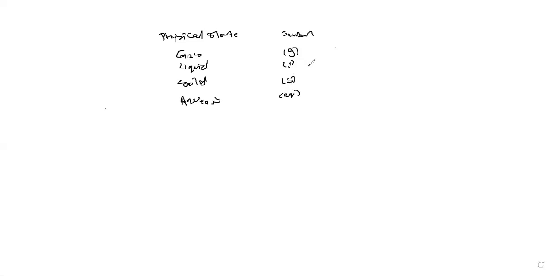Equations. What is an equation in chemistry? An equation is a chemical sentence which describes what is happening in a chemical reaction.